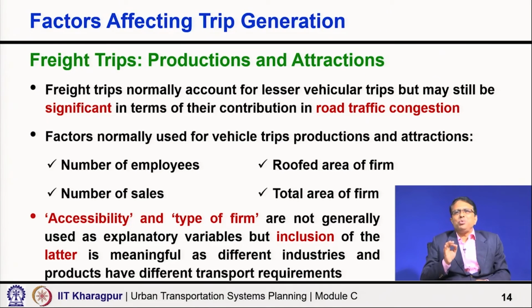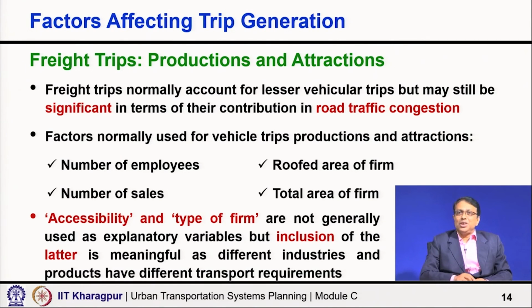Actually, the goods transport is extremely complex and the type of form has really got a big role to play in terms of the trip productions and attractions. Different commodity have got different transport requirements.